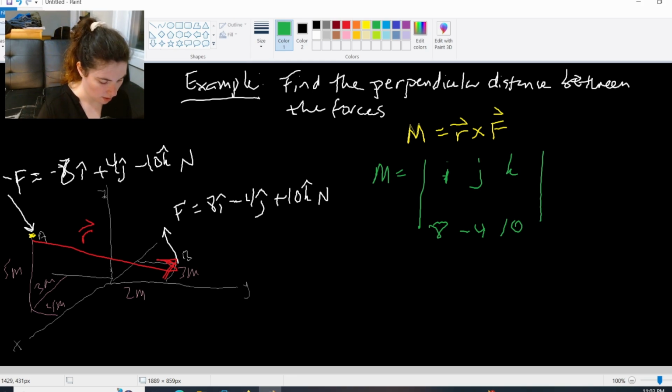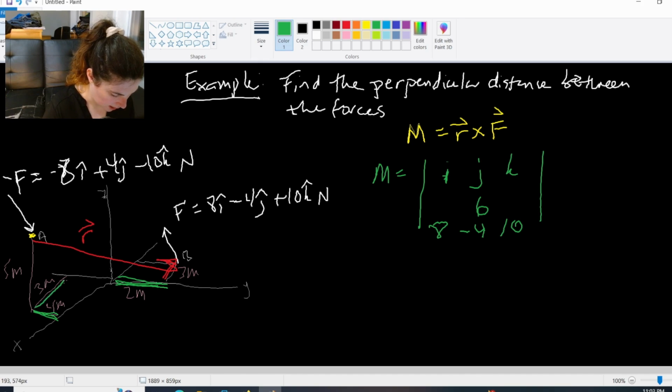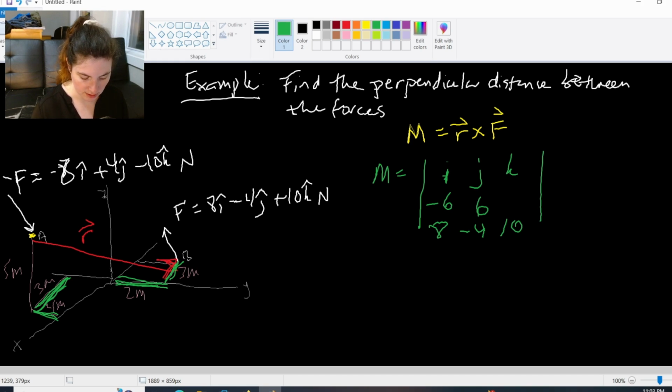Going from A to B, the Y distance is 4 meters plus 2 meters, so the Y component is going in the positive Y direction by 6. Our X components are 3 meters and 3 meters, so it's going backwards in the negative X direction by 6: negative 6 i hat plus 6 j hat.